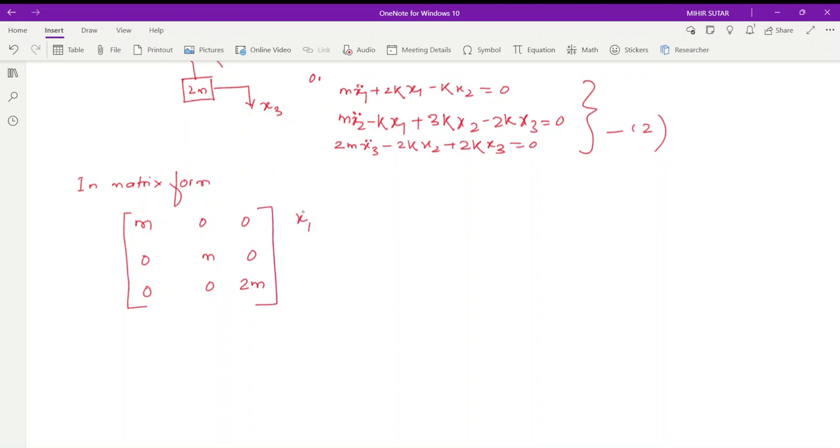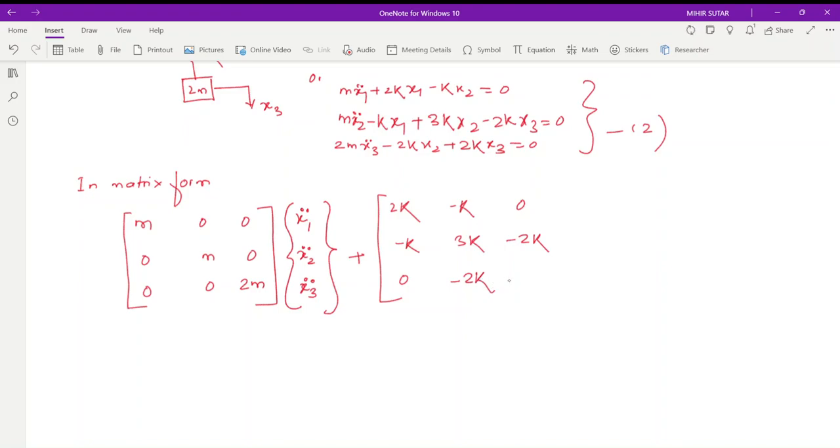Then we'll have x1 double dot, x2 double dot, x3 double dot, plus we'll have the stiffness matrix: 2k minus k 0, then minus k 3k minus 2k, then we have 0 minus 2k plus 2k. This is the stiffness matrix.